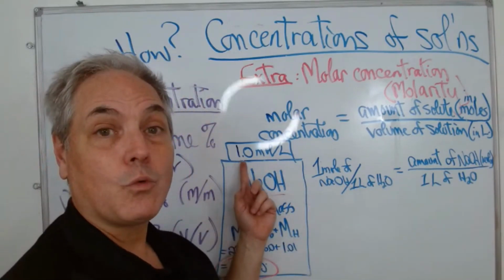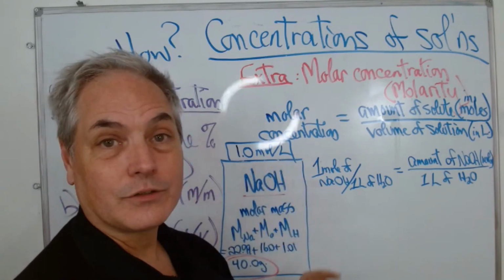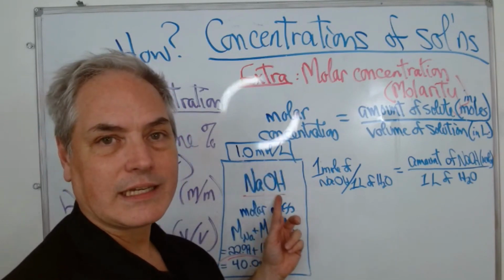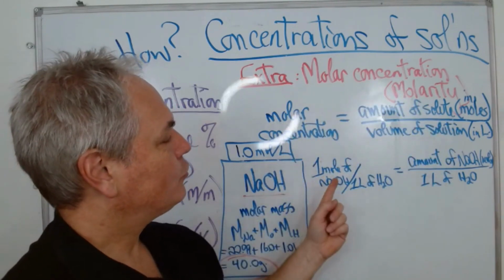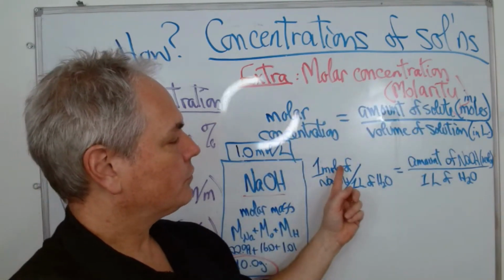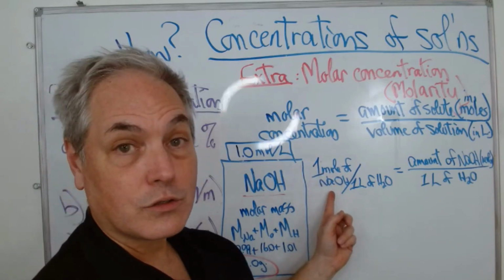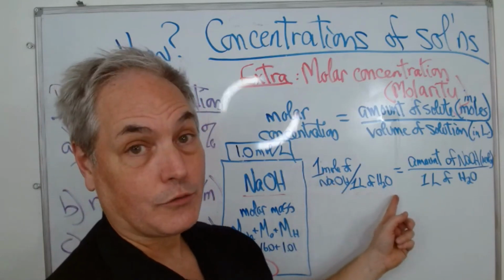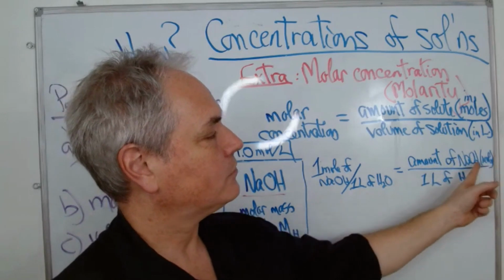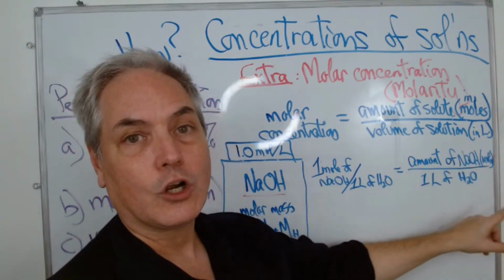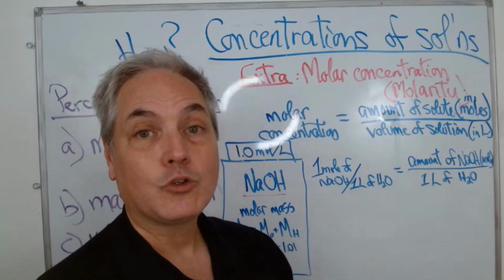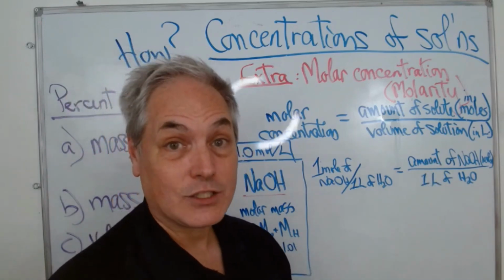So if I'm looking for 1.0 mole per liter of sodium hydroxide, I need to take my equation and say, okay, the molarity: I want 1 mole of sodium hydroxide per 1 liter of water equals the amount of NaOH in moles over 1 liter of water. So here, if I want to know my unknown, I will isolate it.